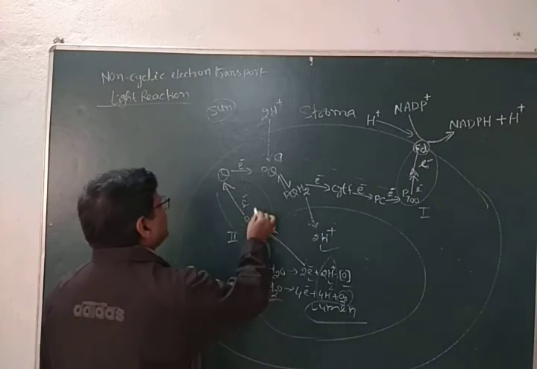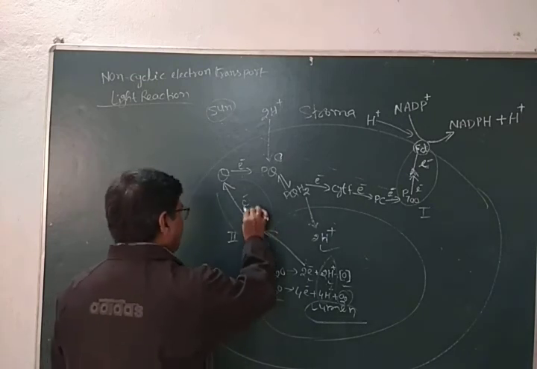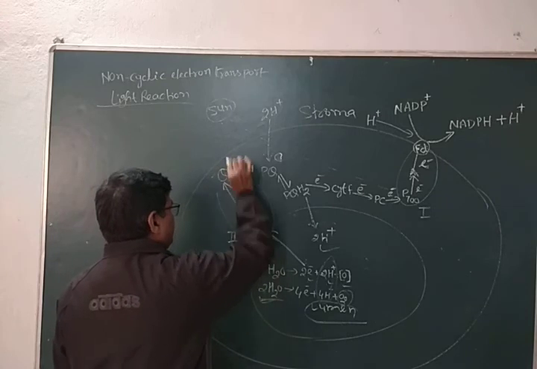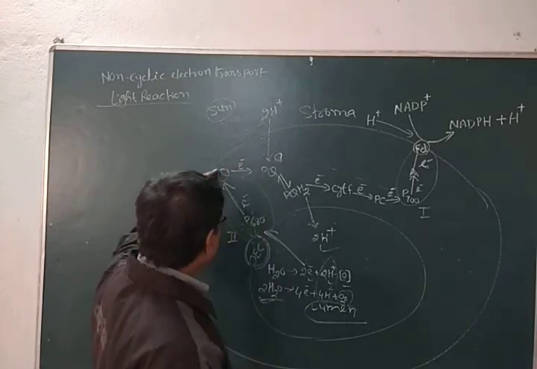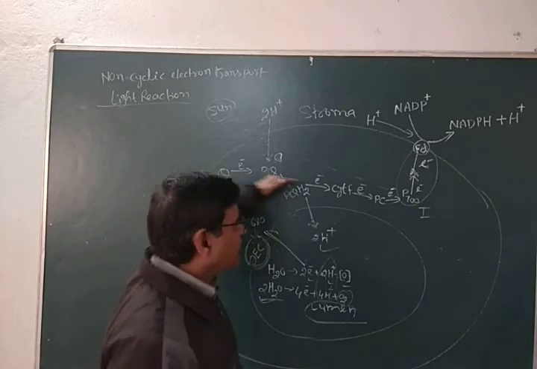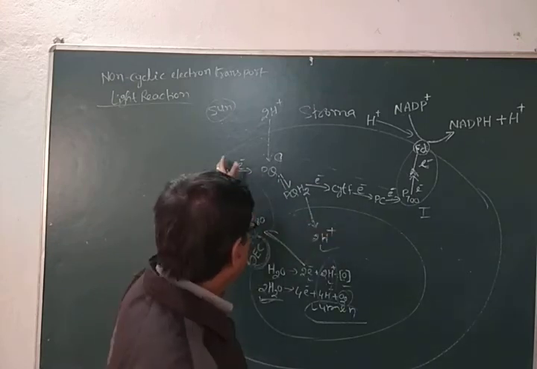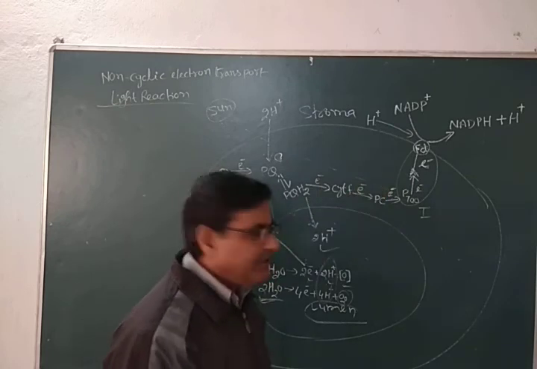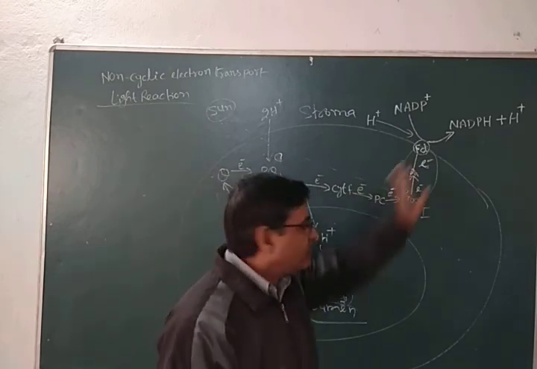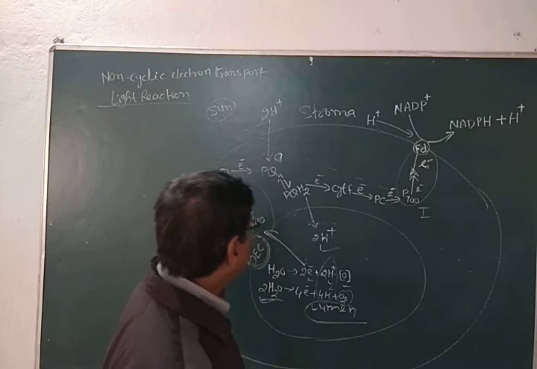After that, this electron is received by the quinone through the pheophytin, and then this electron moves through the electron transport chain that consists of plastoquinone, cytochrome f, plastocyanin, and plastocyanin finally provides the electron to photosystem 1.